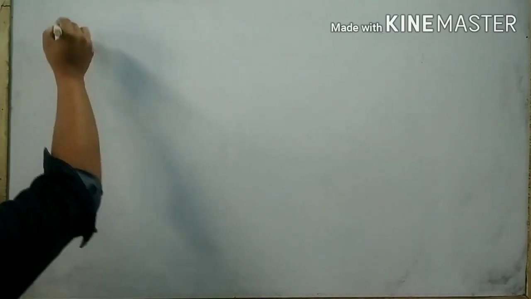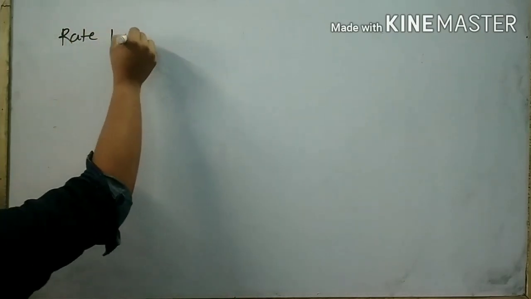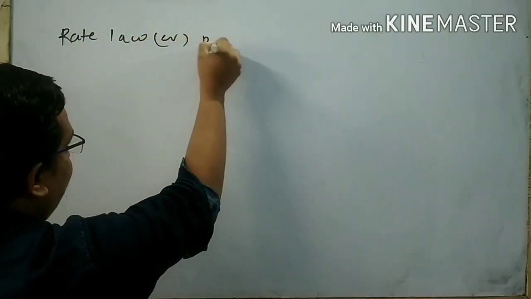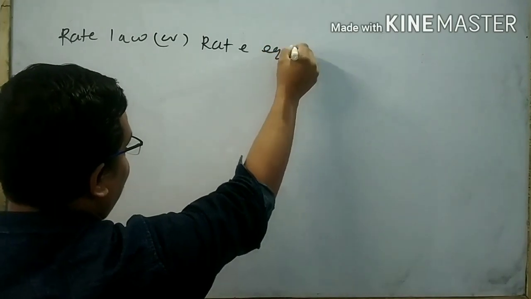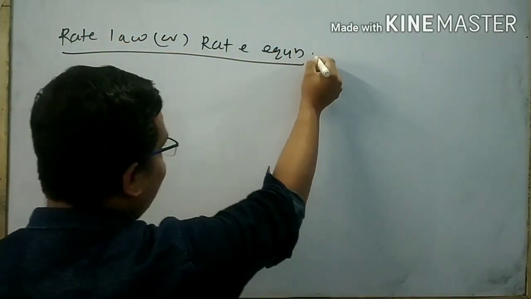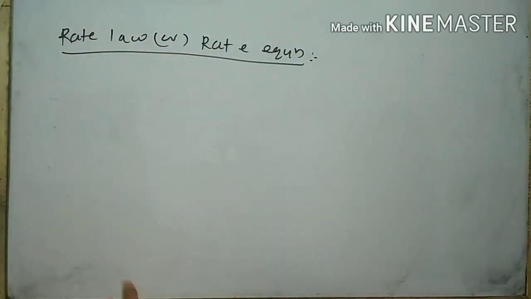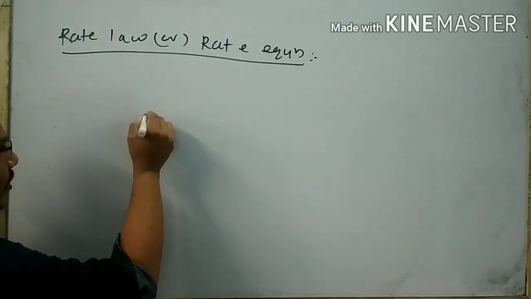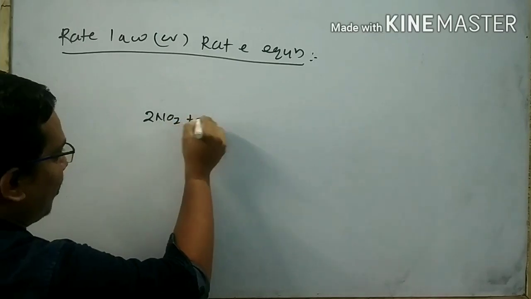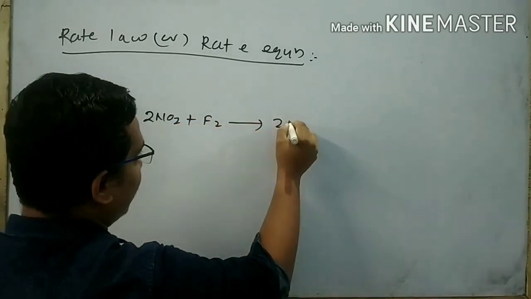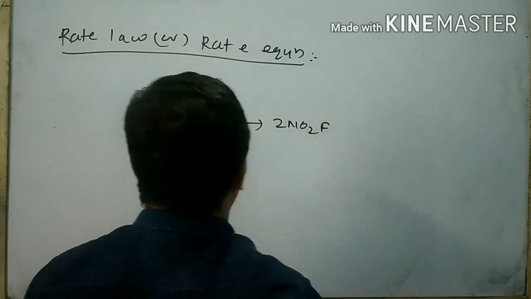Next I will discuss the rate law or rate equation. It is a very important question always asked in the exam. It carries 2 or 3 marks. Suppose I take an example: 2NO2 plus F2 gives 2NO2F.